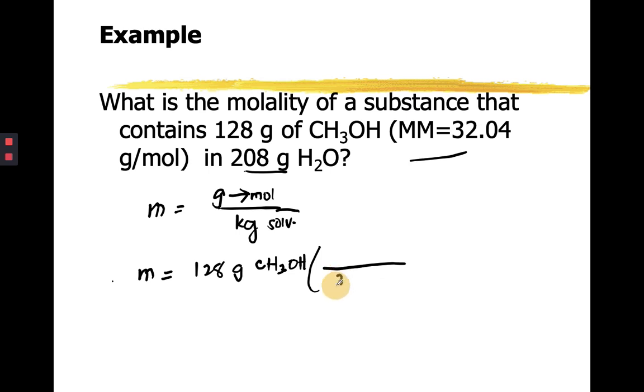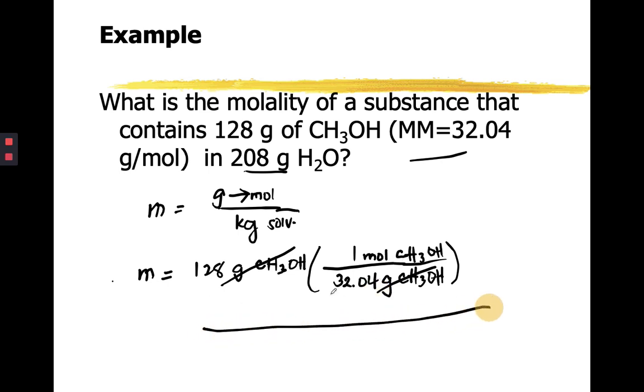So we have 32.04 grams of methanol, and on top is the number of moles, okay? 1 mole of CH3OH. Then we can cancel grams of methanol. After that one, we know that the unit moles methanol will be left. So by then, we can divide everything with the kilograms of your solvent.